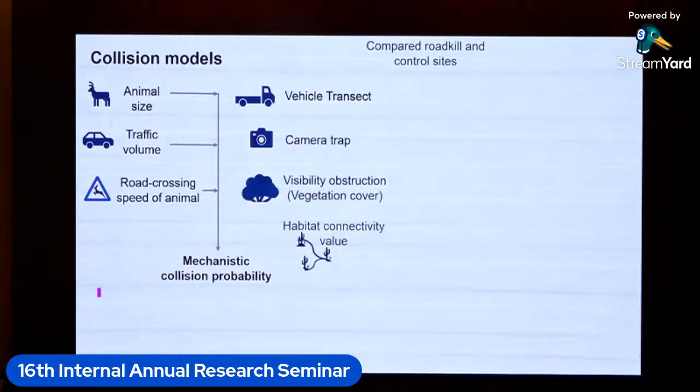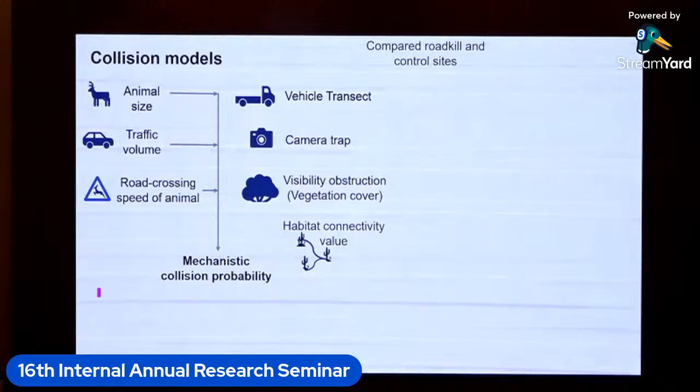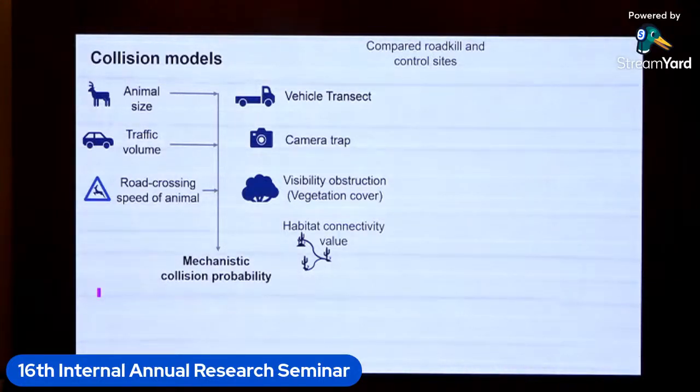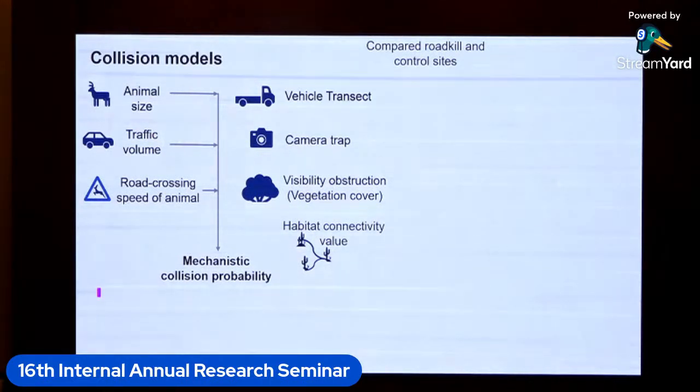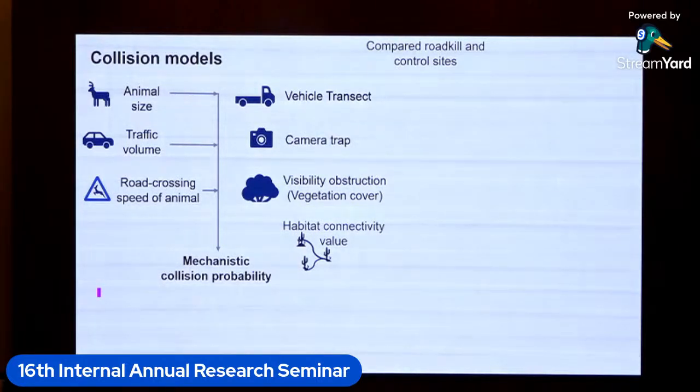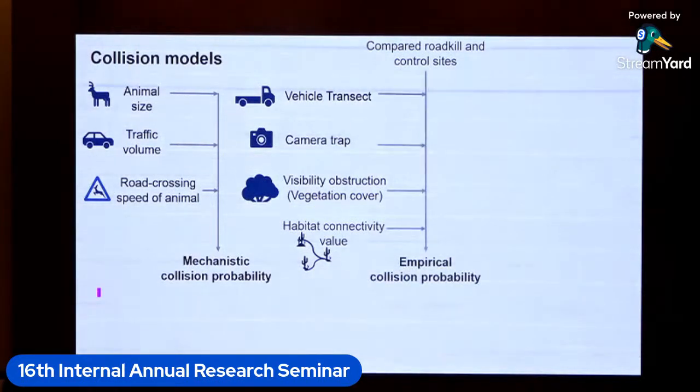Along with that, we compared the habitat characteristics of roadkill sites with control sites, keeping encounter rate coming from vehicle transit and camera traps, habitat connectivity value for each segment, and visibility obstruction around the road. We hypothesized that the vegetation cover around the road increases the collision probability of chinkara. So in the end, the logistic model gave us the value of empirical collision probability for each segment.